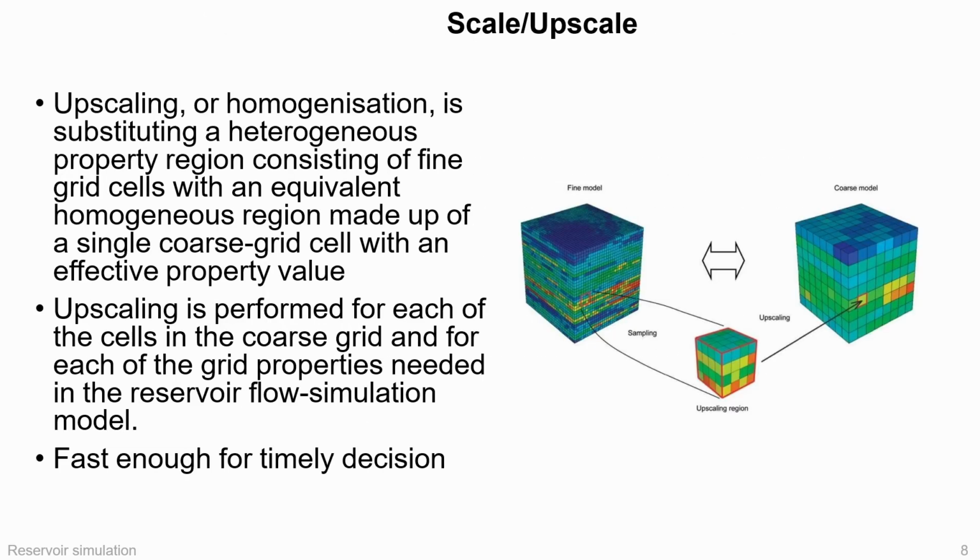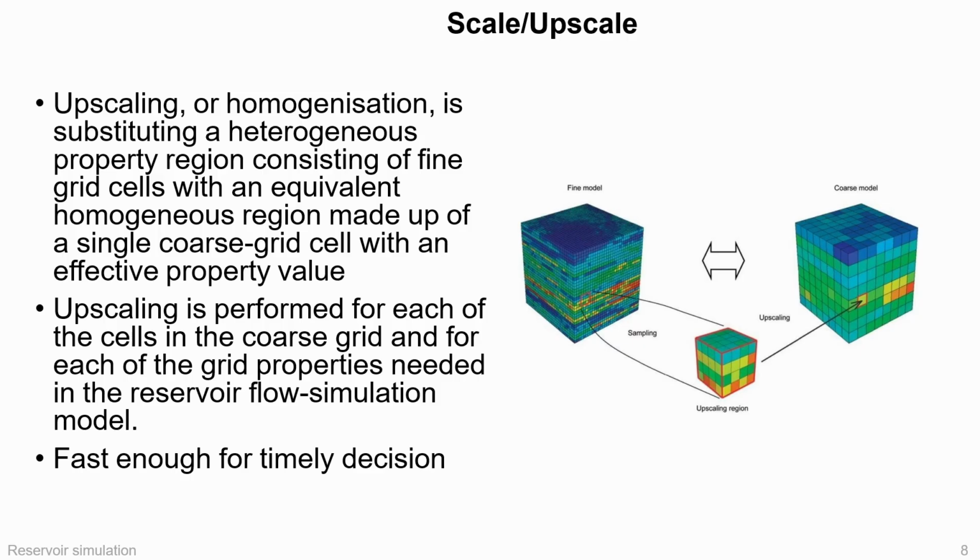Now we move to upscaling, also called homogenization. Upscaling means replacing a highly detailed heterogeneous fine-grid region with an equivalent coarse-grid region that has effective properties. The goal is to preserve important flow behavior while reducing computation time.